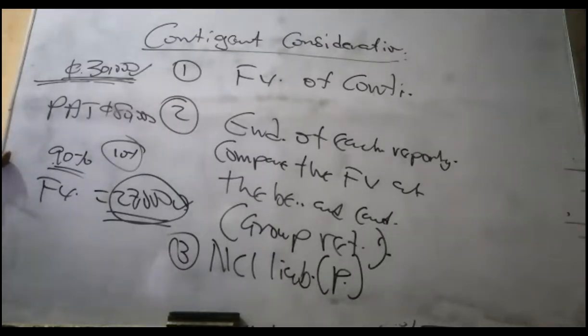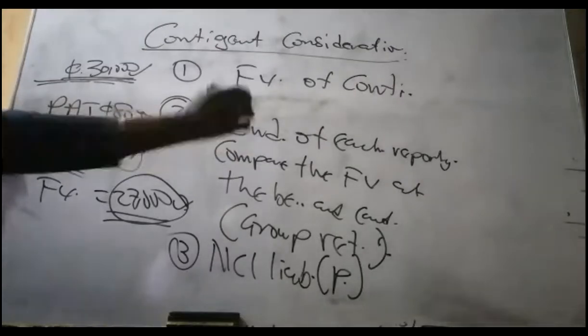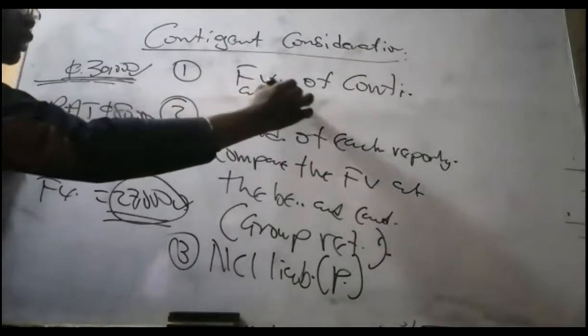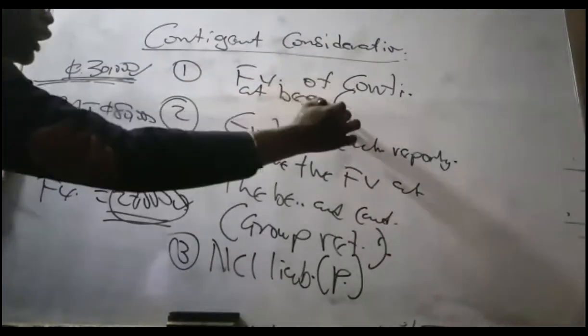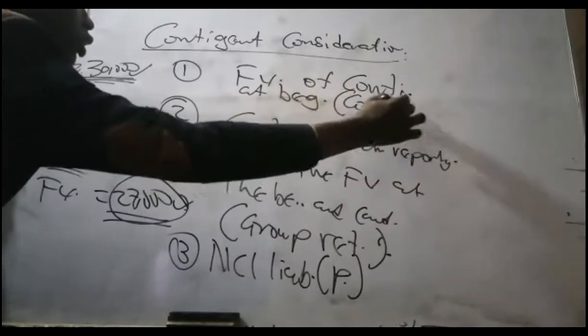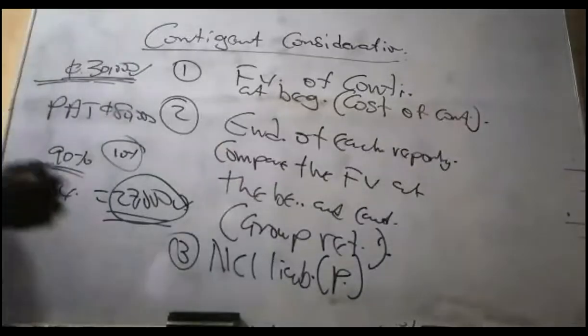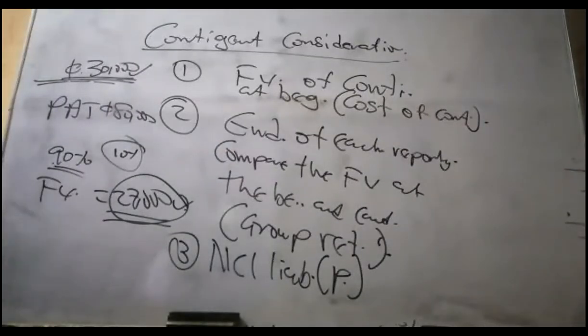The fair value of the contingent consideration at the beginning will be recorded in cost of control. The gain will go to group retained earnings, and the 30,000 goes to cost of control.